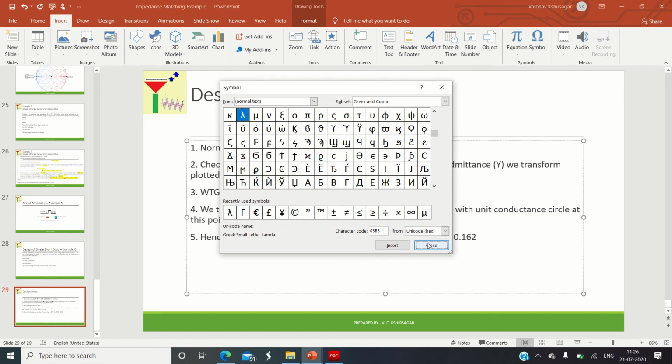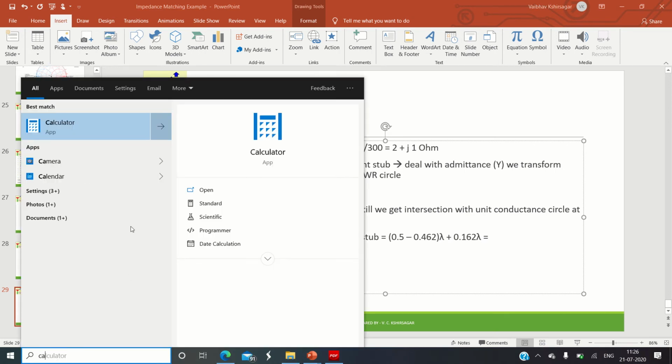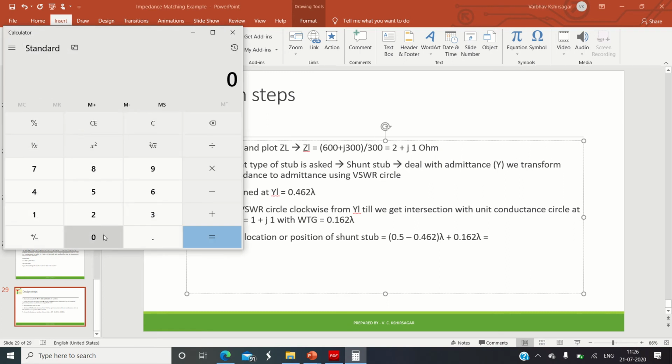I will insert the lambda symbol. So how much will this come to? 0.5, the first half distance, minus 0.462, right? And this is added to 0.162 lambda. So it will give me 0.2 lambda.